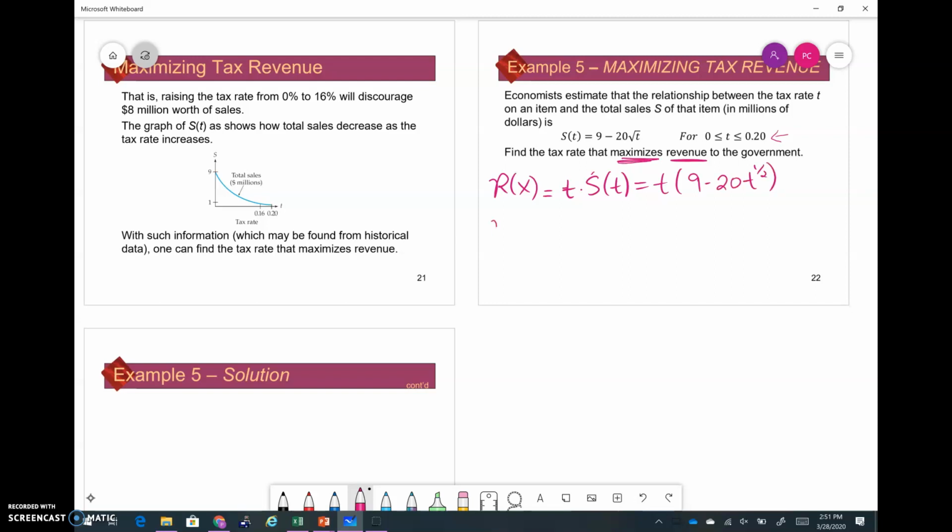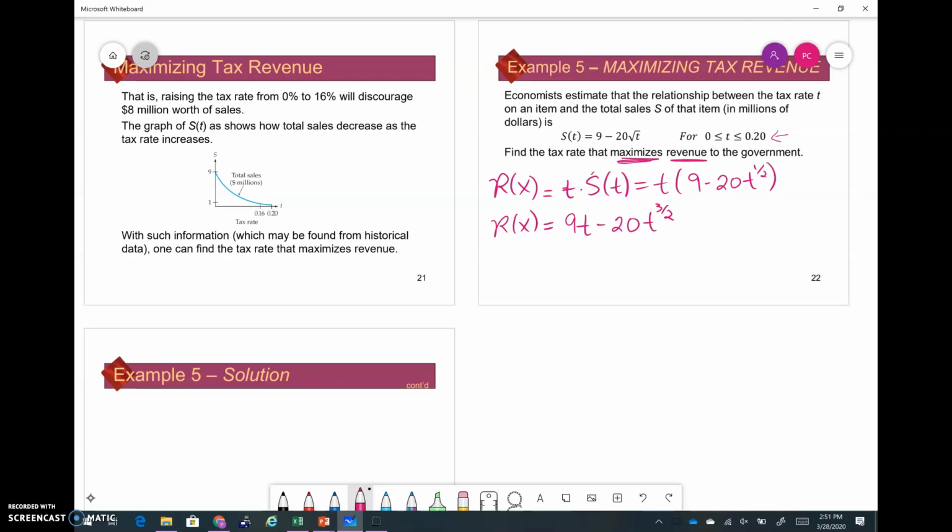And simplifying it, my R of T is equal to 9T minus 20T to the 3/2. We now have our function, so we want to maximize that revenue.